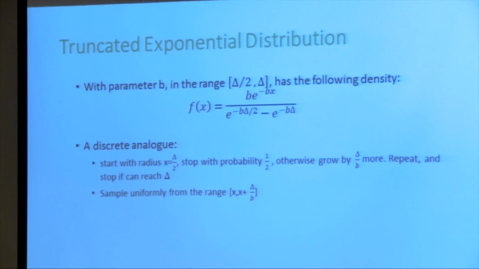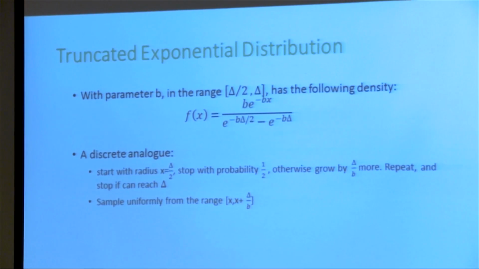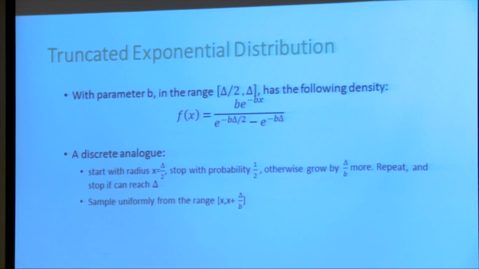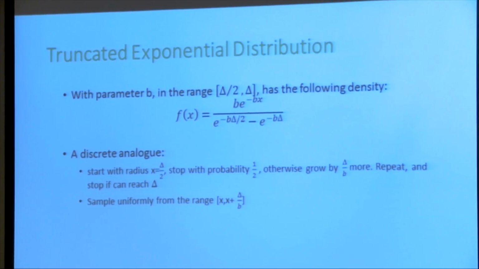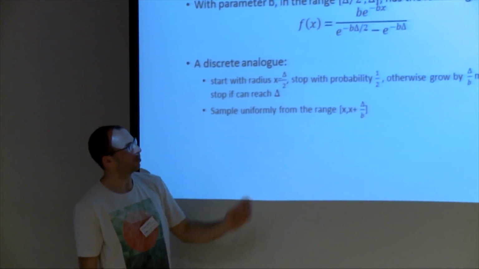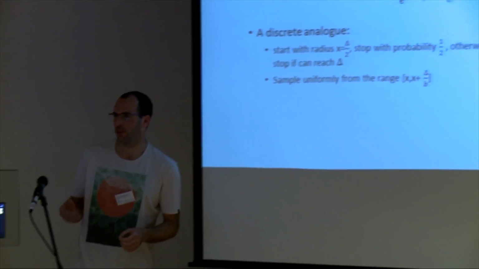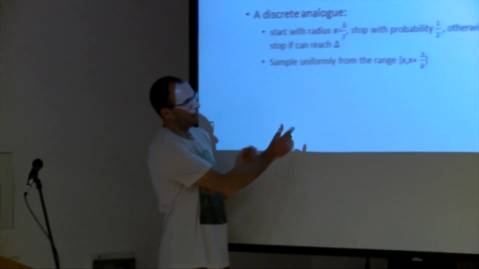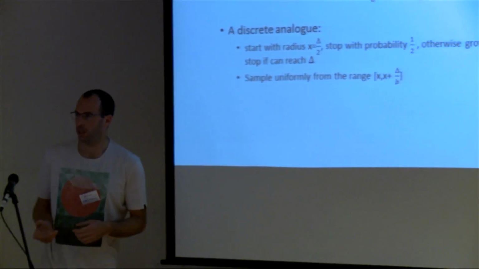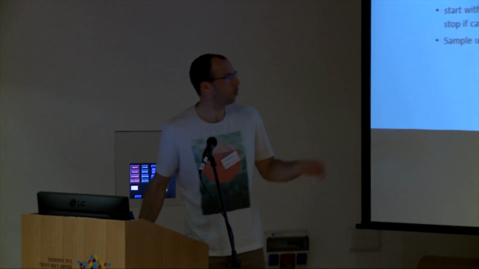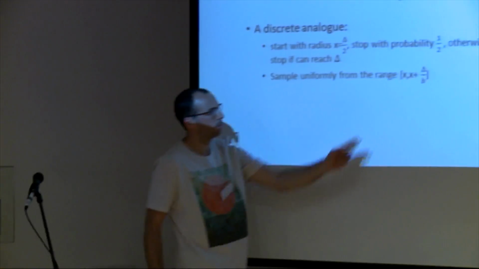This parameter b, think about this as the beta. It will be more or less the parameter of the padding that we hope to achieve. So we start at this delta over 2, and each time we toss a fair coin and move by delta over b more if the coin comes up heads, and stop if it's tails. And when we stop, we sample from this range.